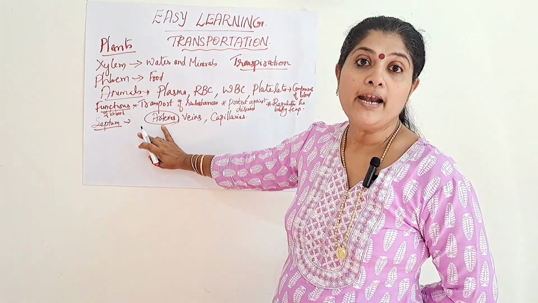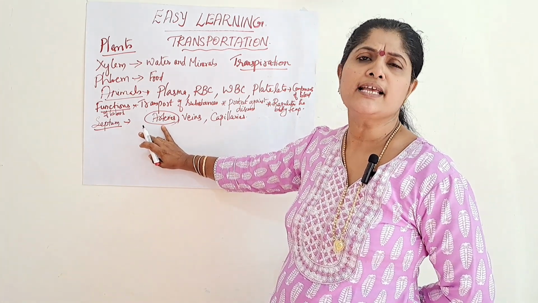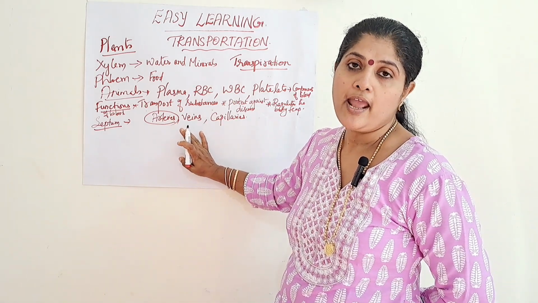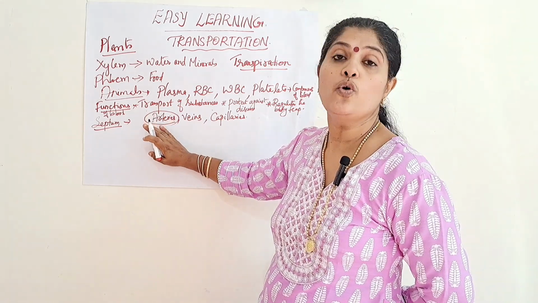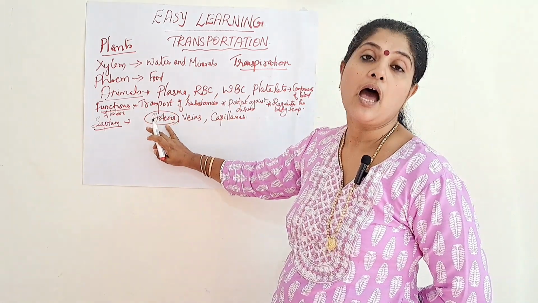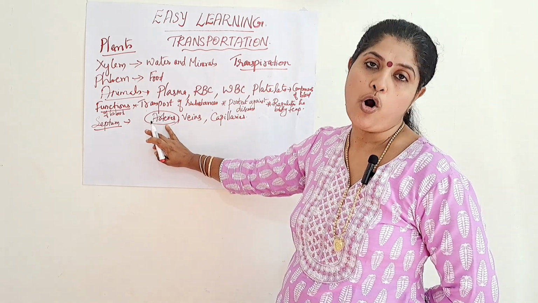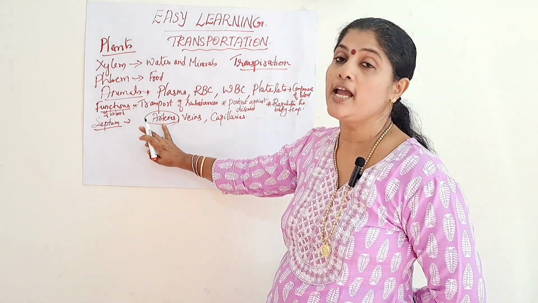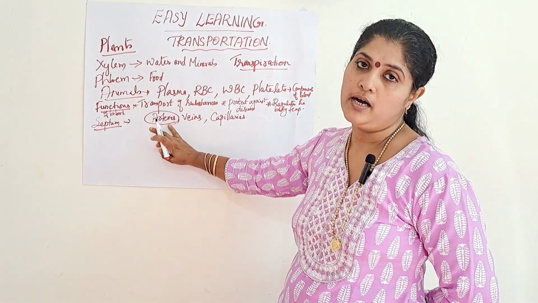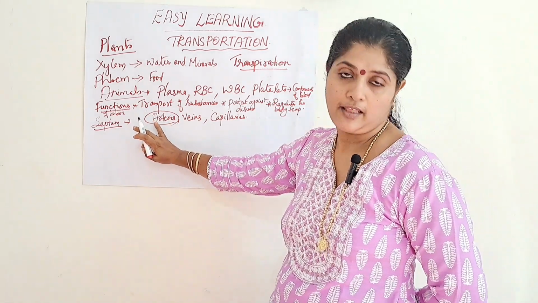Because the blood passes through the arteries at high pressure from the heart. Okay. The blood is passing through the arteries at high pressure. That is why the arteries have thick walls. So, this is very, very important. That particular point you have to remember. Why the arteries are thick-walled.